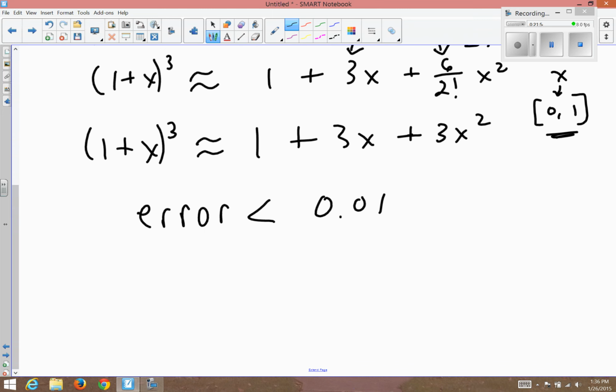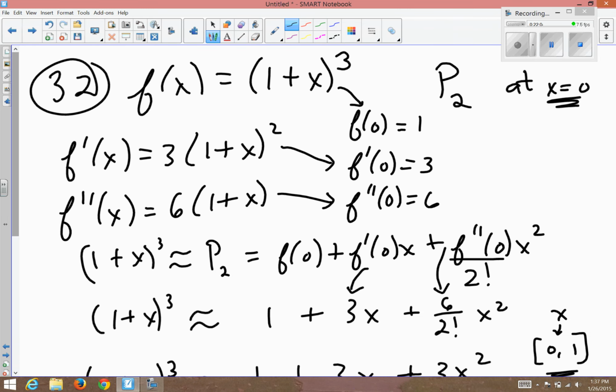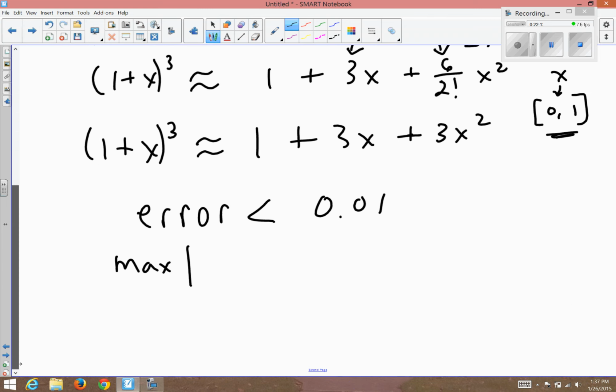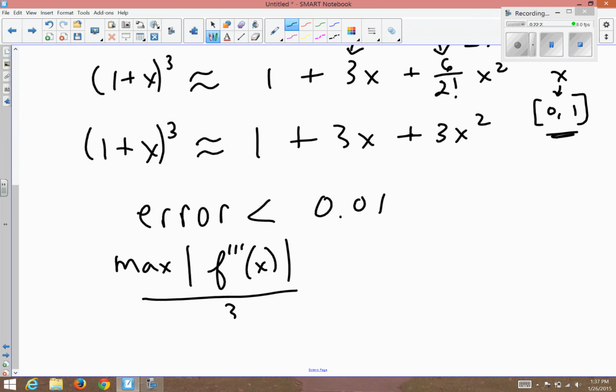So the error is always, look at your formula, the maximum of the absolute value of the n plus first derivative. What derivative did we go up to get this polynomial? We went up to the second derivative, so the next one would be the third. We need the maximum value of the third derivative of the function, over 3 factorial, times the maximum absolute value of x, raised to the third.